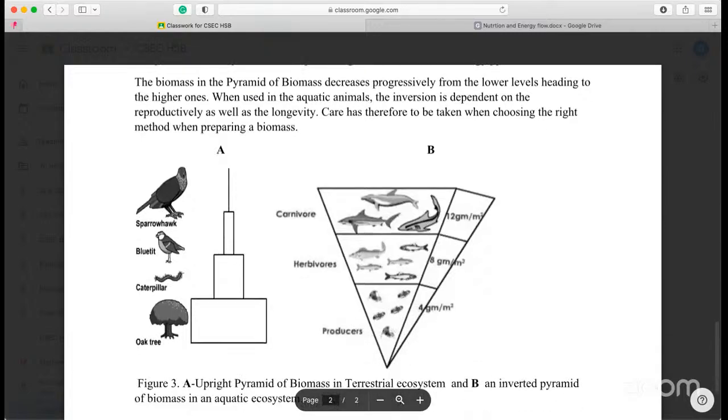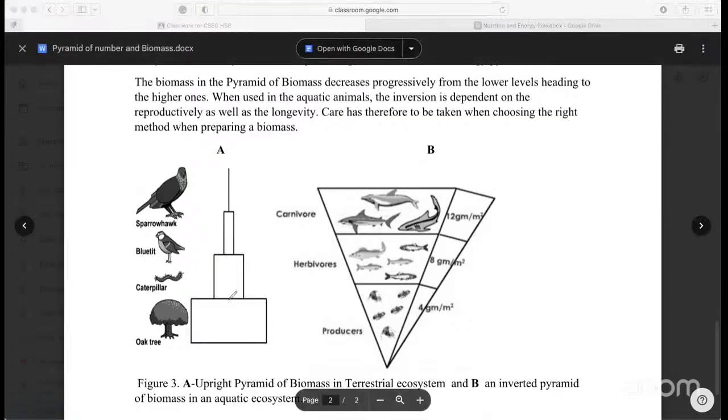So this is a pyramid of biomass. I want us to see here that because it takes into consideration mass, though this may be one tree, in the pyramid of numbers a tree would have been a single stick like that. But because we are considering one tree multiplied by its mass, its base is bigger in this pyramid, it's upright.